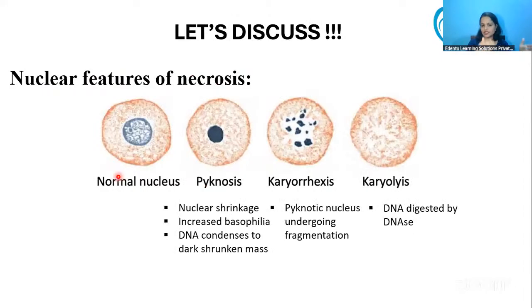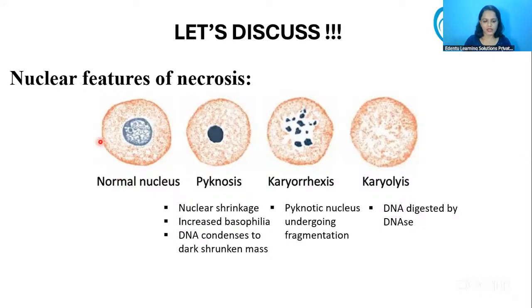We already had a look at the cytoplasmic changes in necrosis, like cell swelling, pores in the cytoplasmic membrane, and contents leaking out. Now let's have a look at the nuclear changes happening in necrosis.